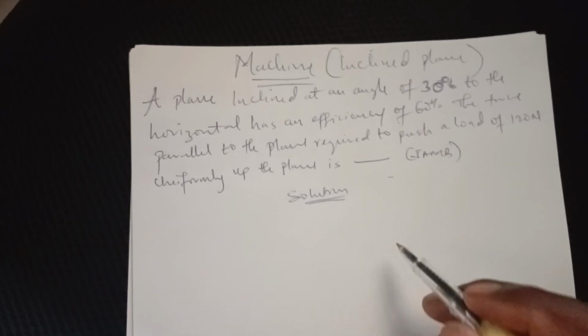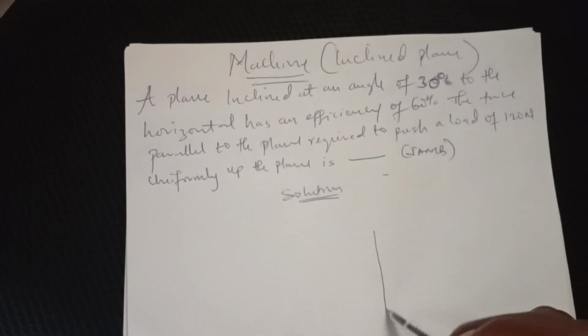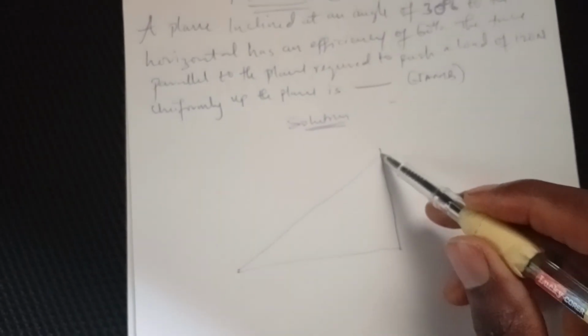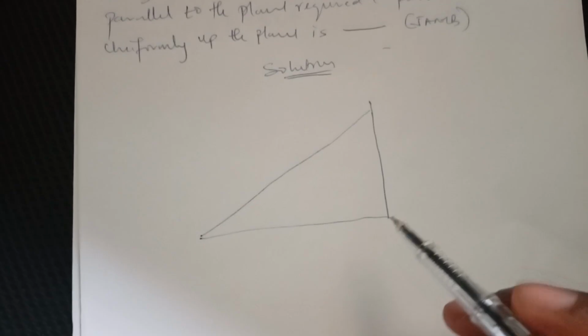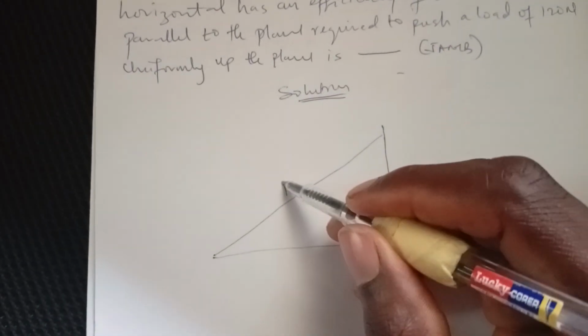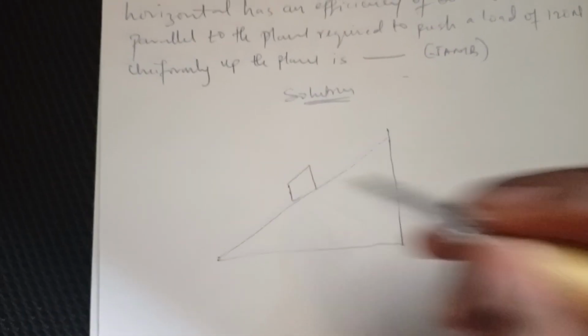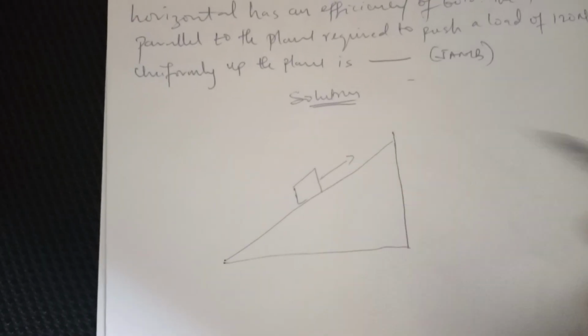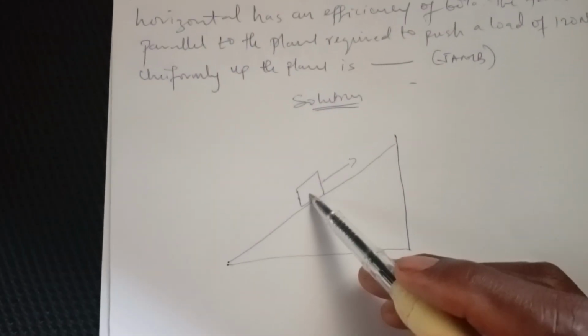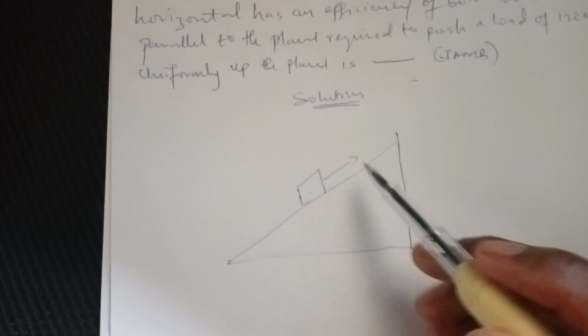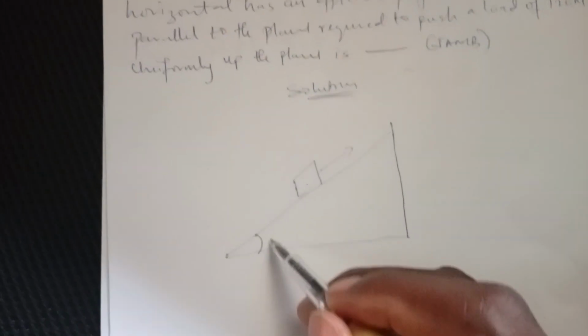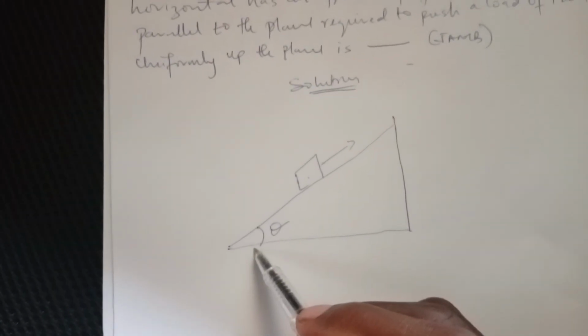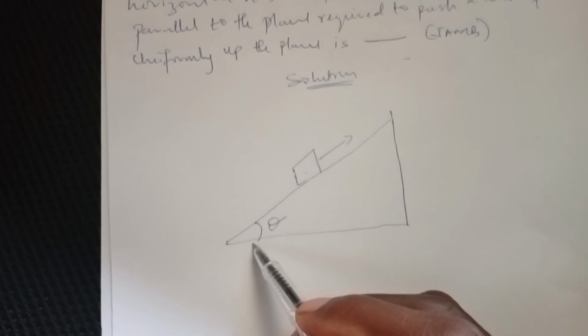If you have a wall, for example, you have a plain floor and we have this, it is a good example of an inclined plane, and you have a load being pushed up. This is a load, and every load requires an effort, and this angle here is angle theta, the angle of inclination.